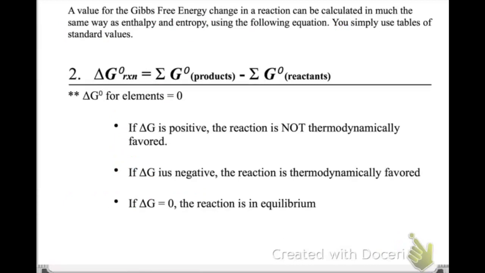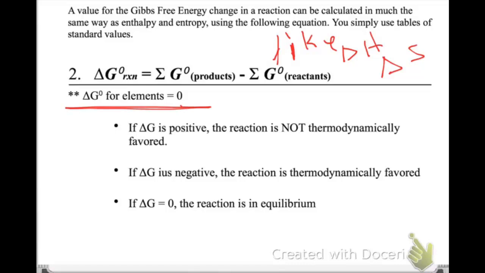Alright, so there are lots of other ways to calculate Gibbs free energy, and the second way is just like we did with enthalpy and entropy. We just use the table of values. The key thing here is that the delta G for elements, just like for enthalpy, is 0.